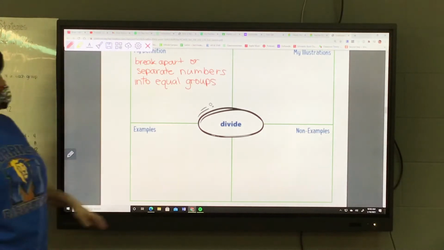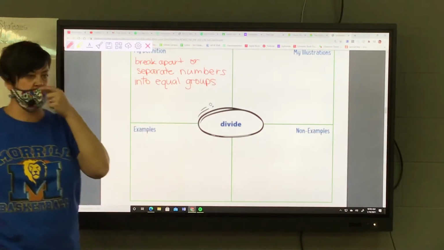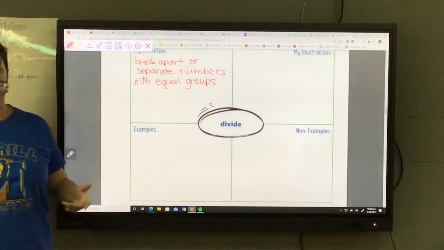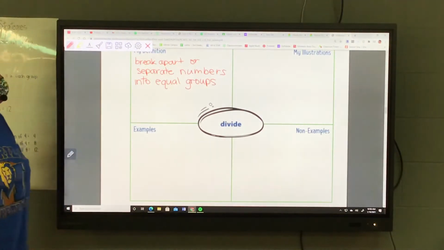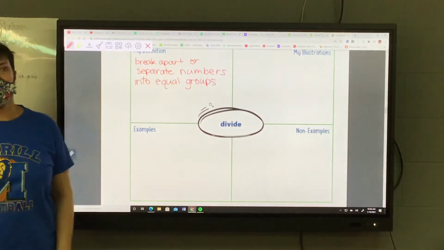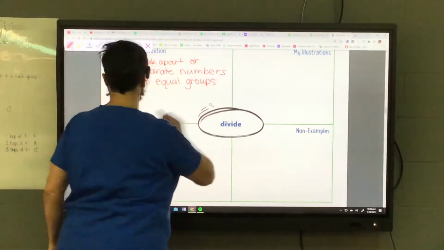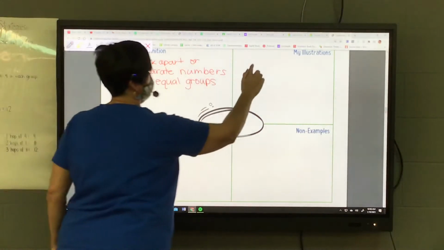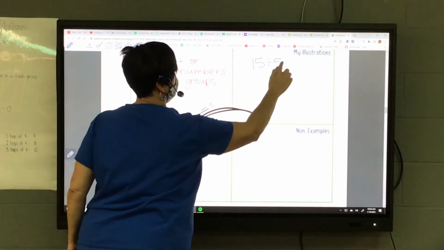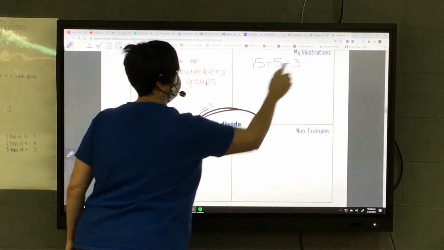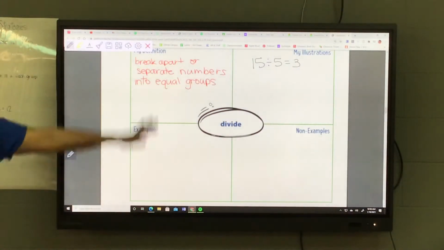Okay, the next part is my illustrations. That just means drawing a picture to show this, right? So let's say we have this equation.